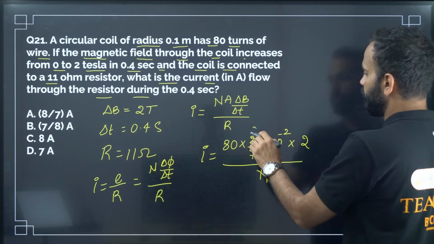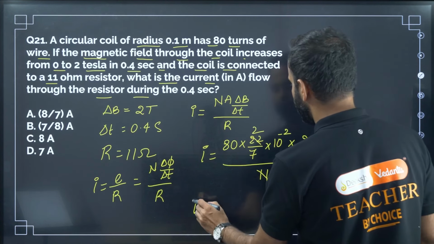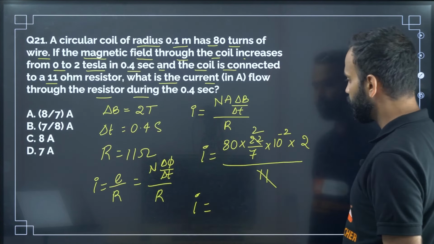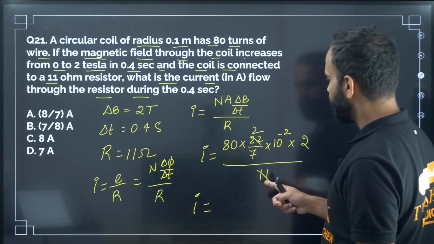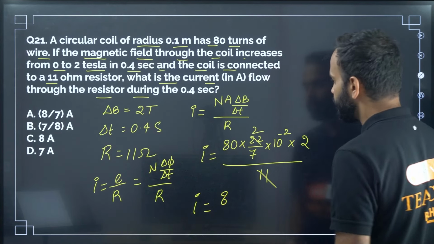So 11 2s are 22, okay. Then I equal to, solve this, you will get 8, correct?